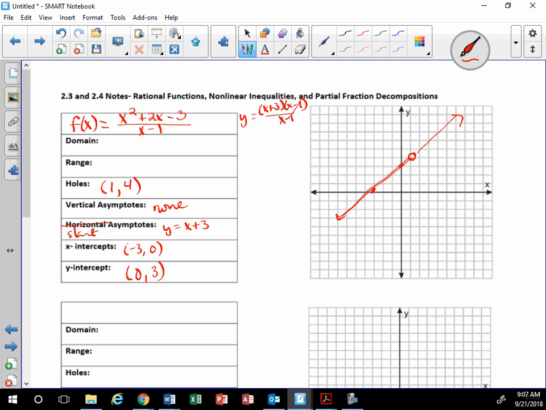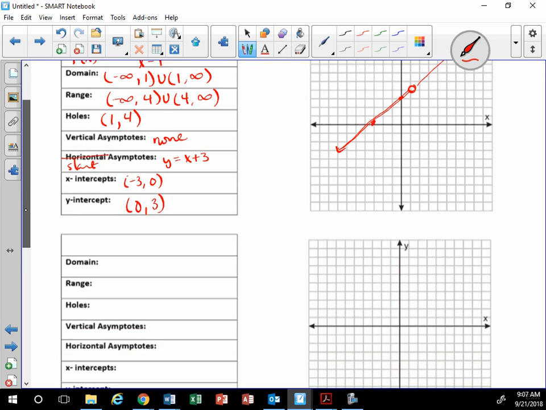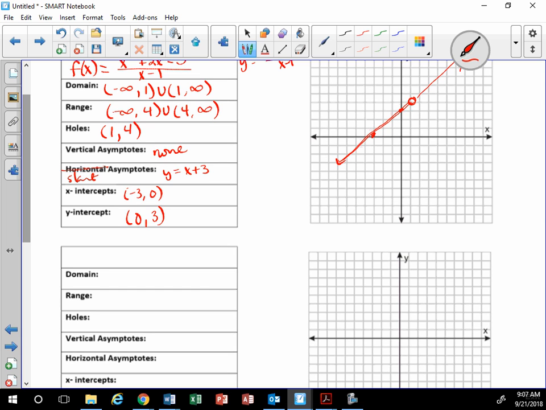So what is your domain? Such enthusiasm there, guys. -infinity to what? 1, and then, okay, and what about your range? -infinity to 4, and 4 to infinity. Okay? Got it? All right, let's do one more of these. Let's see, which one do I want to give you?